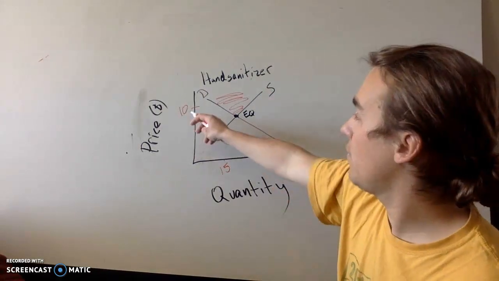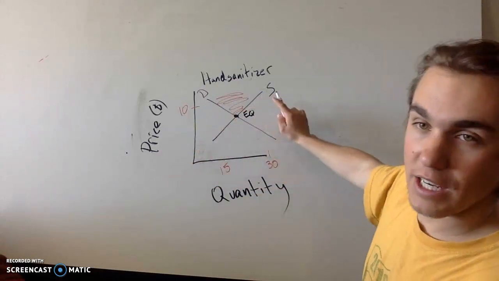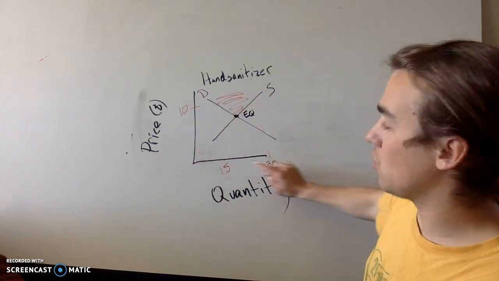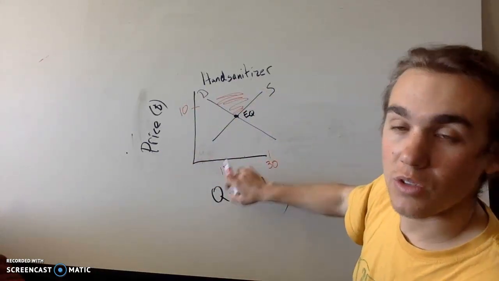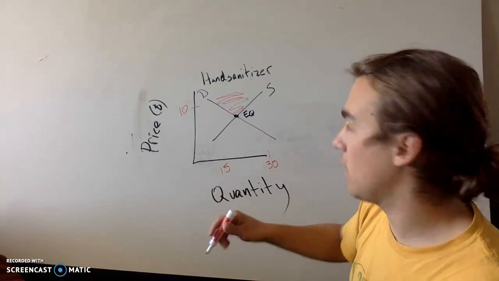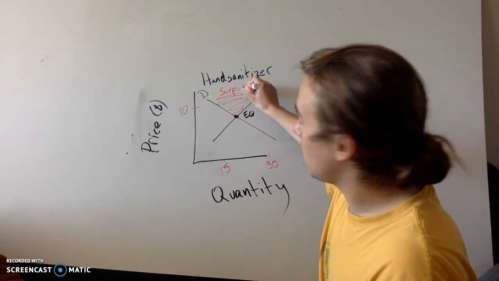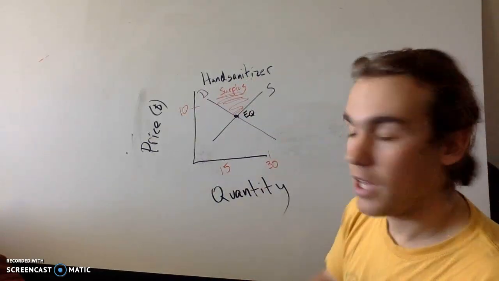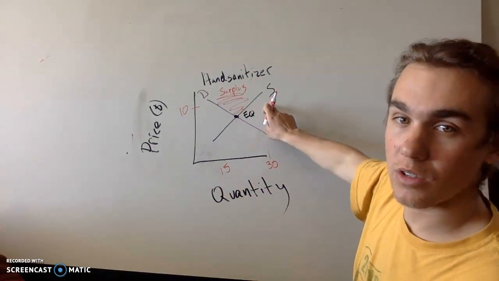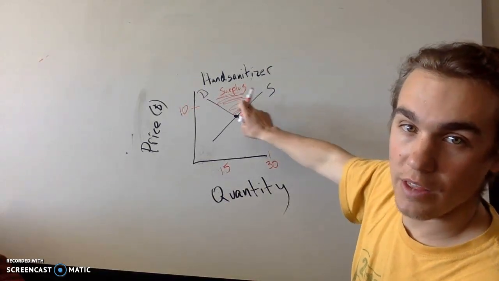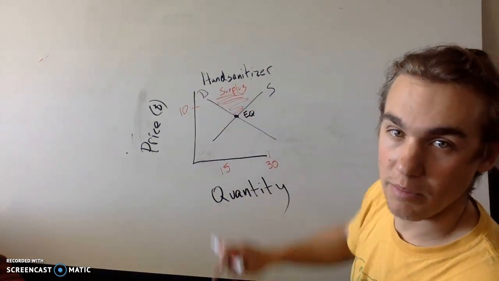What you have in that situation is the amount of supply is greater than the demand. So suppliers are left with a bunch of extra. This is called a surplus. There are more goods or services than there are being demanded.